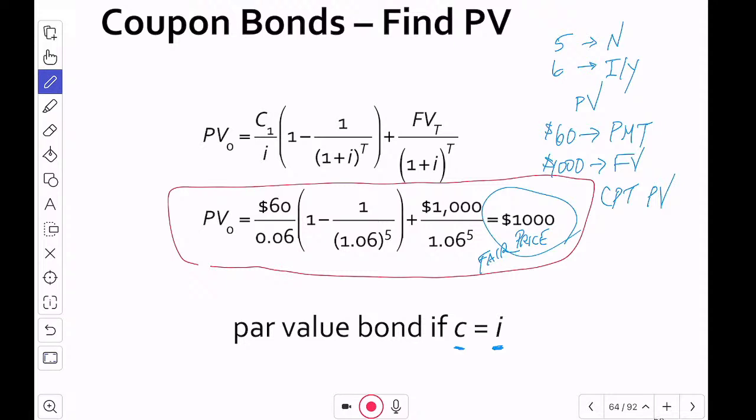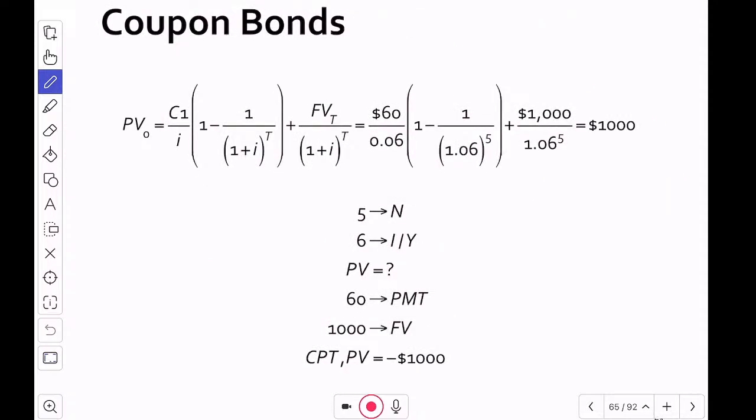What if the coupon rate that I've now introduced is smaller or greater than the yield to maturity? This is just repeating what I said with the keys on the calculator. So you will get the negative telling you have to pay 1,000 to get 1,000 and $60 every year.